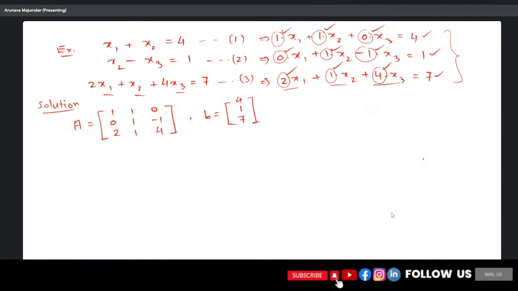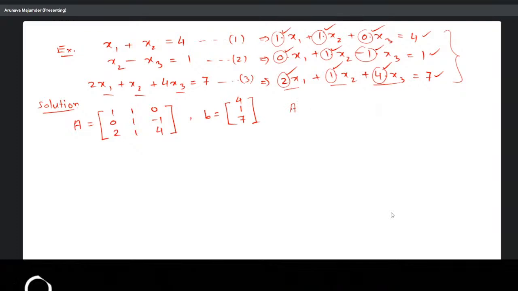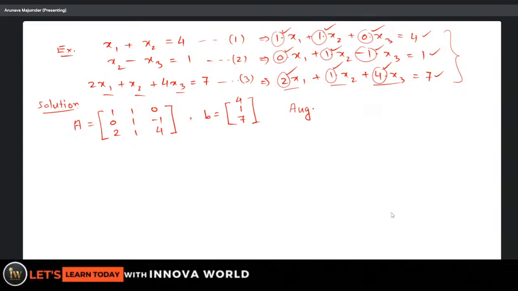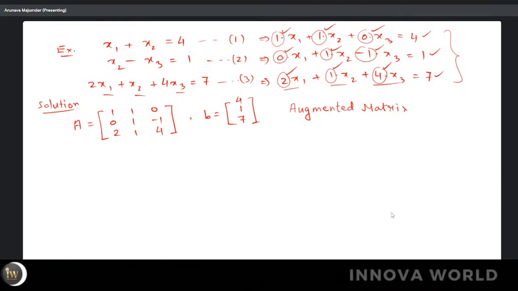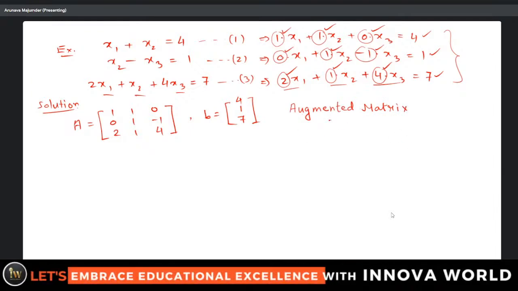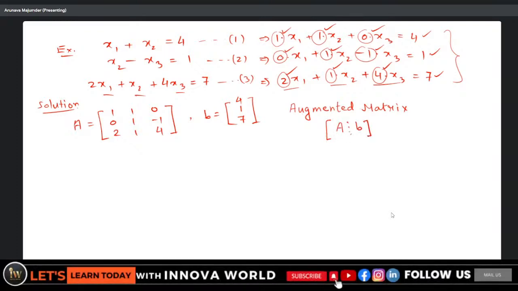After that we will find another matrix which is called the augmented matrix, which is the matrix of A and B together.